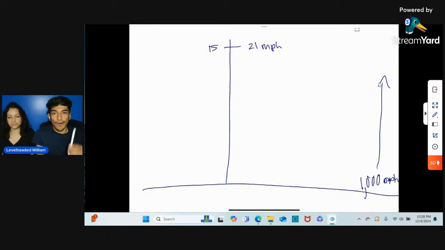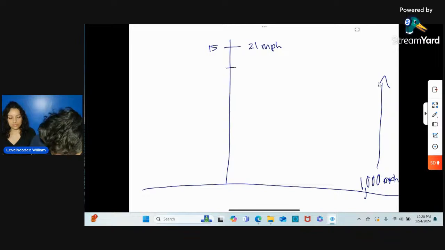So the person that called, I think, tried to twist that in their head and say that, since objects decelerate slower the less resistance there is, an object in free fall should fall at a slower rate as it gets closer to the Earth. So what they're trying to say is that in the first second, for example, the deceleration will be 21 miles per hour from the 1,000 miles an hour.